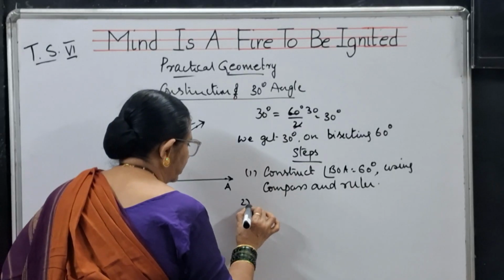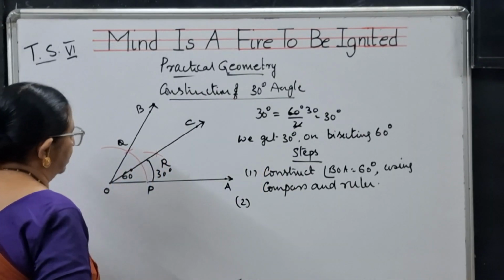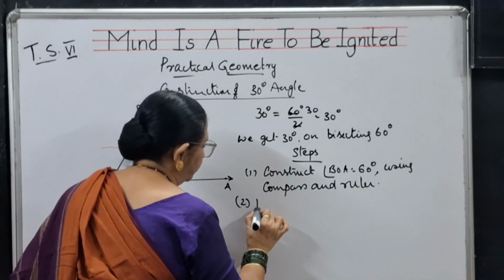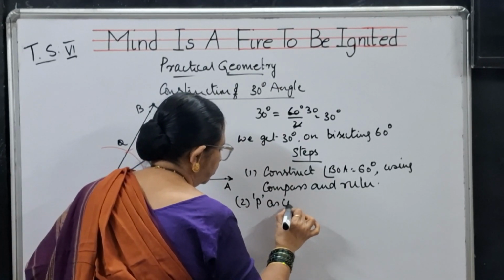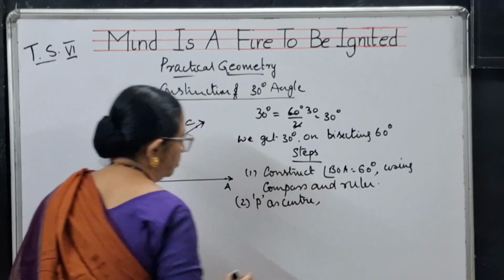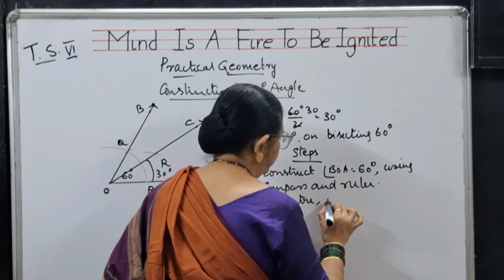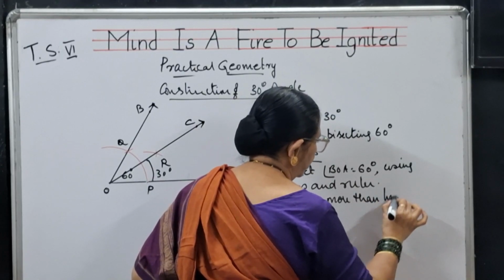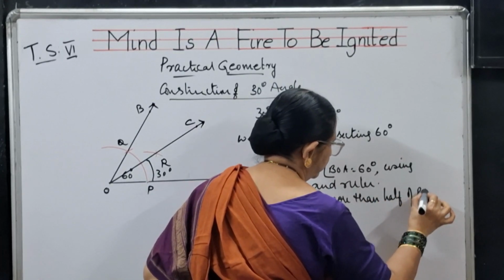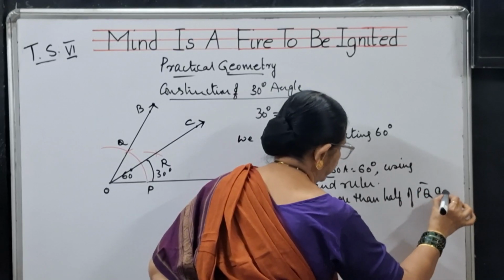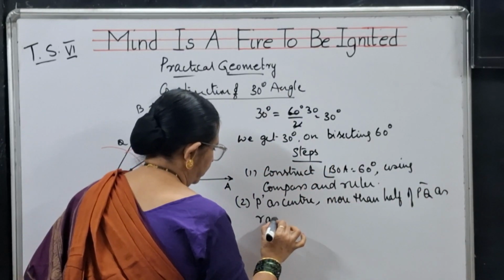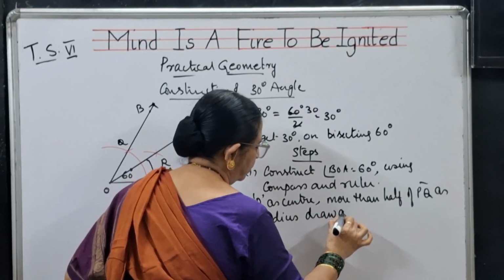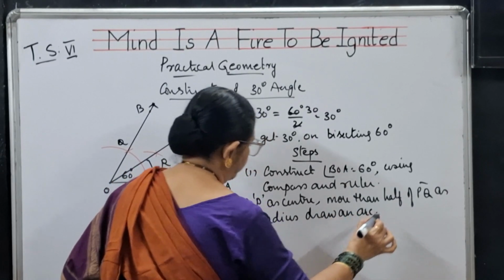Now second one, what you are doing, P as a center, more than half of PQ as radius. Draw an arc.